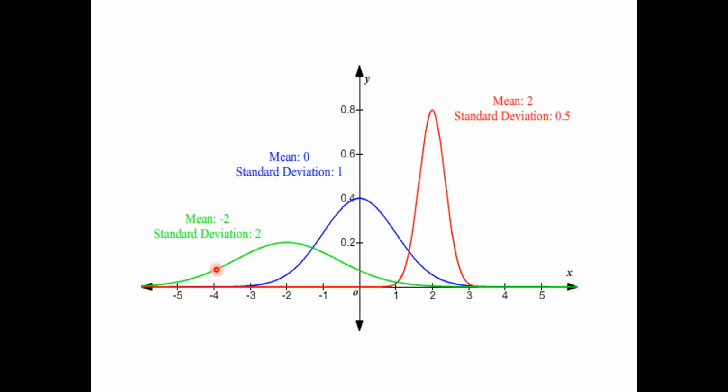When they are very spread out like this, it indicates a larger standard deviation. The one in green has a standard deviation which is more than the one in blue, and the one in red has the smallest standard deviation, because most of the values are clustered around the mean. So this is the property of a normal distribution.